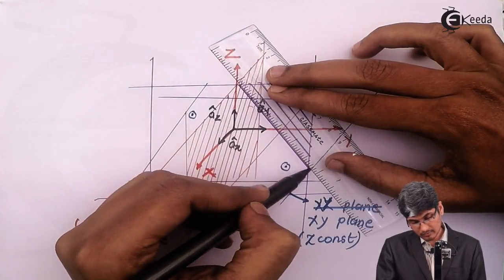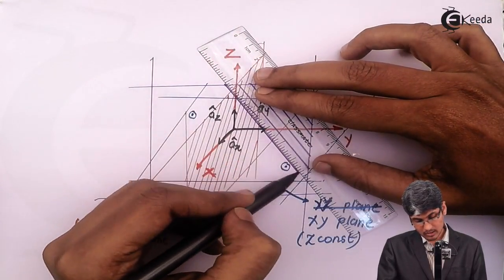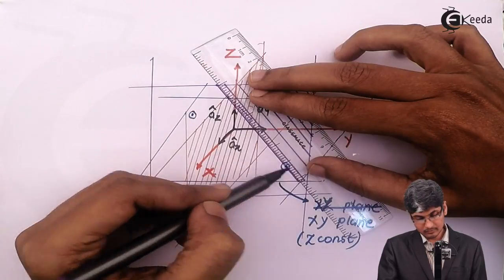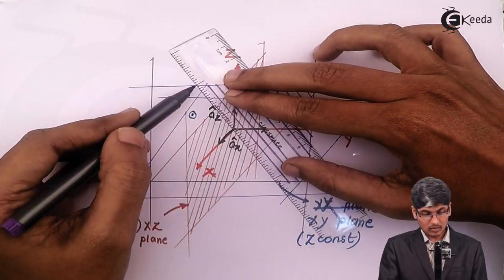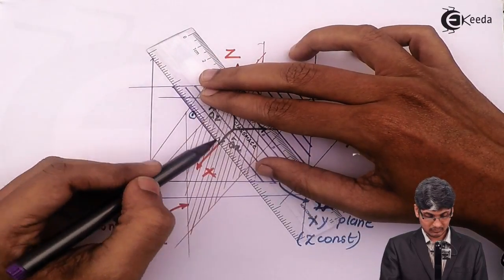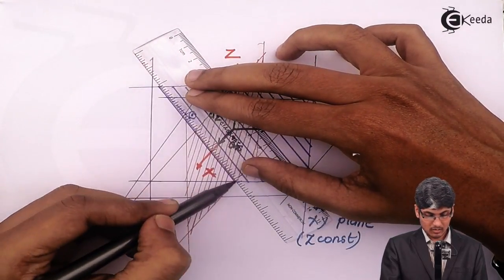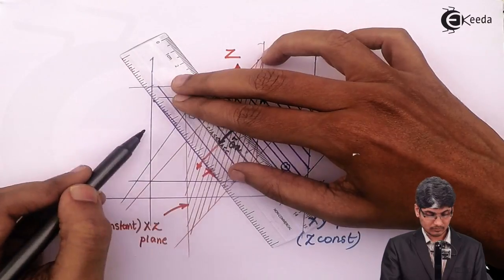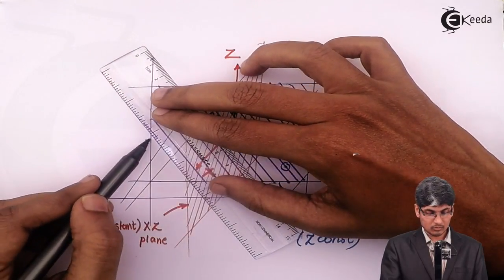So this is my YZ plane, which is exactly the one standing on the page, facing towards you.